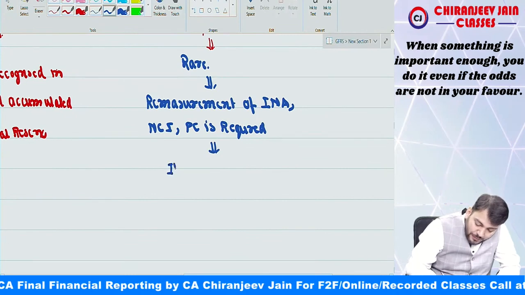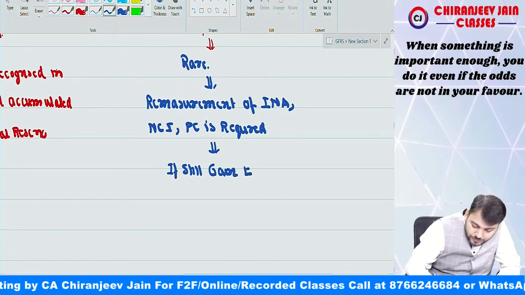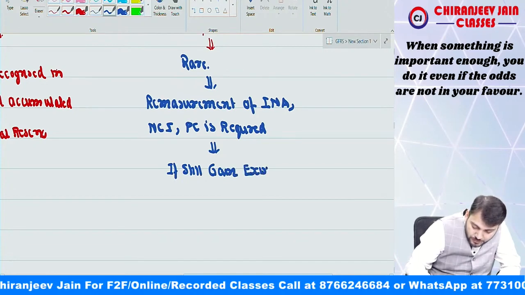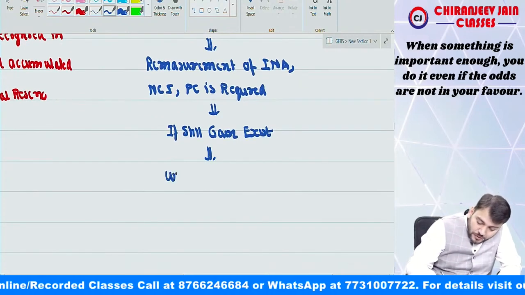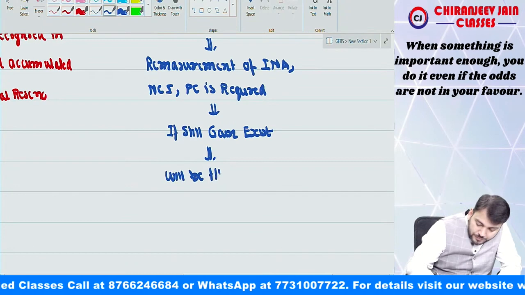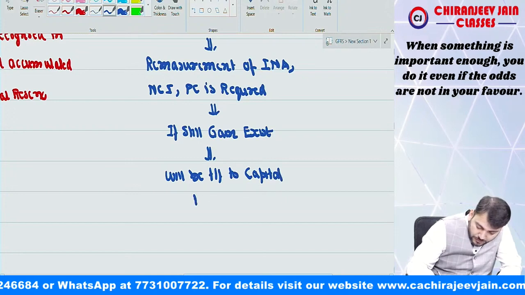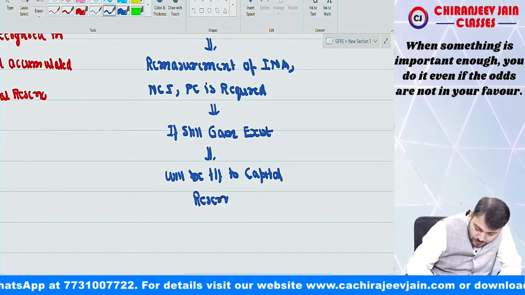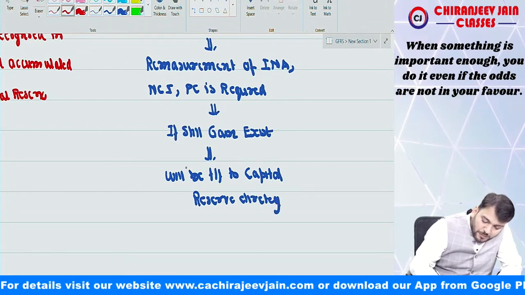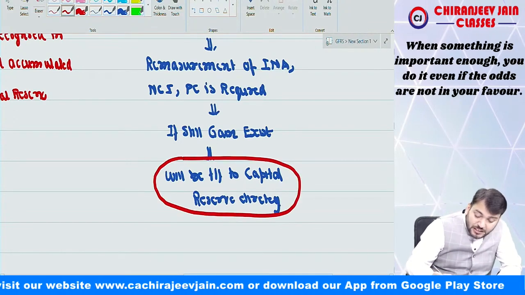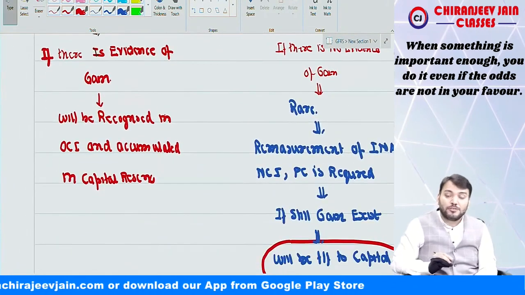If still gain exists, then this gain will be transferred to capital reserve directly. Means it will not be transferred through OCI to capital reserve. I hope you have understood. So this is given under Ind AS 103.